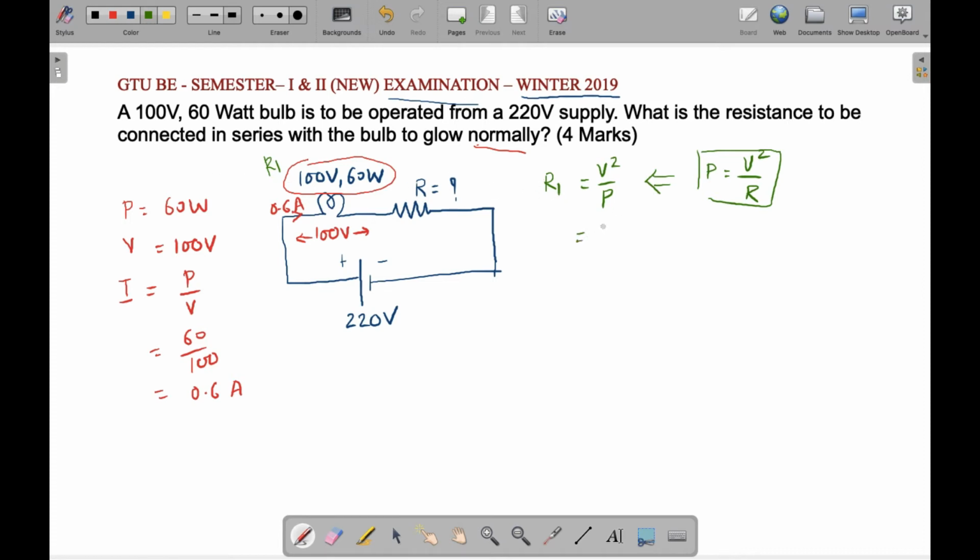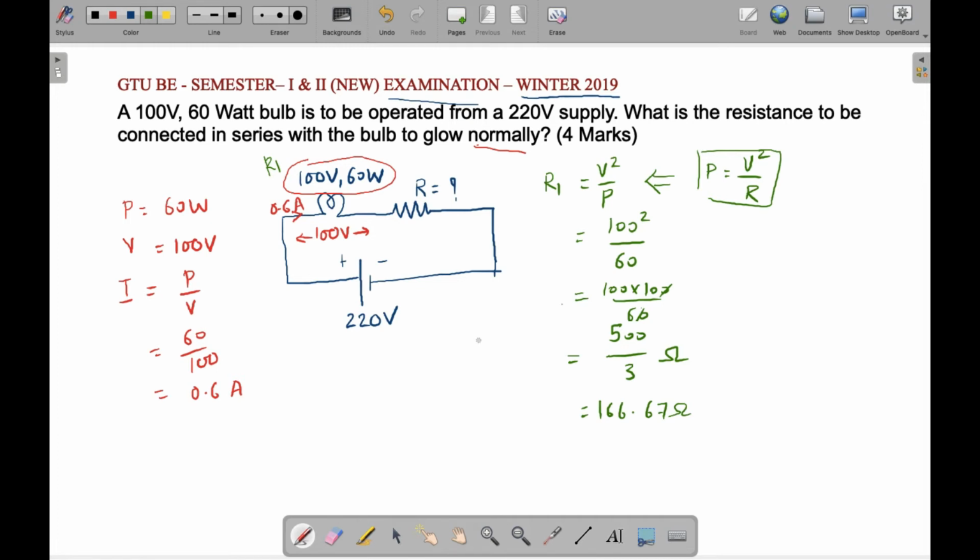So the voltage is 100 square and the power is 60. So 100 into 100 divided by 60, the zeros cancel out. This would be 500 by 3 ohm, or we can write it as 166.67 ohm. So this is the value of R1.